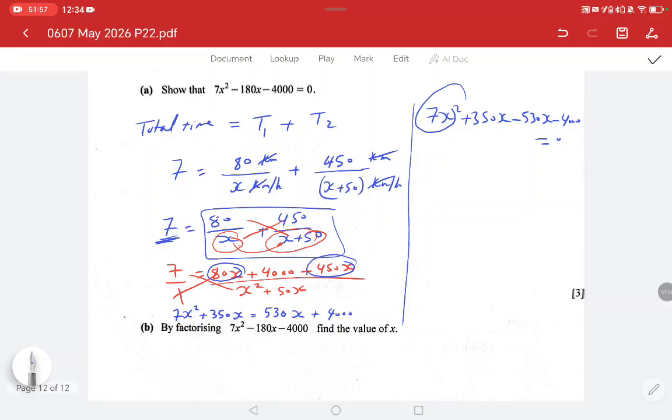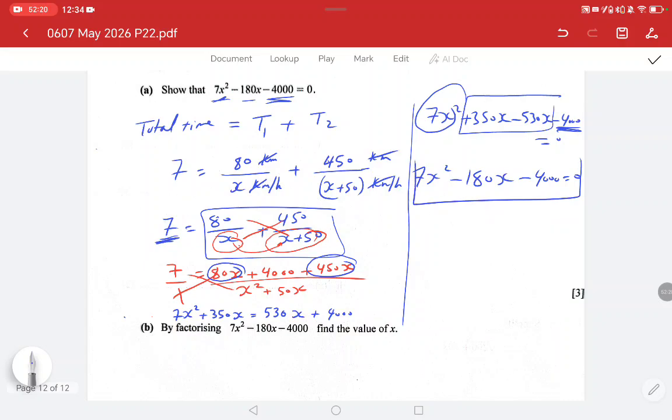Now 7x squared, no problem, and 4,000 minus 4,000, no problem, all of them the same. Now let's look at this one: 350 minus 530. Yes, it's negative 180x. So this is what we need to prove.